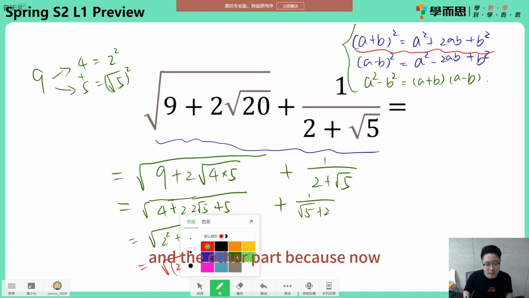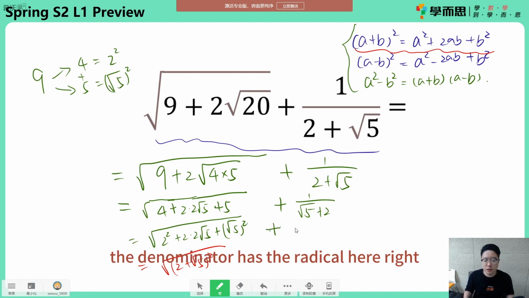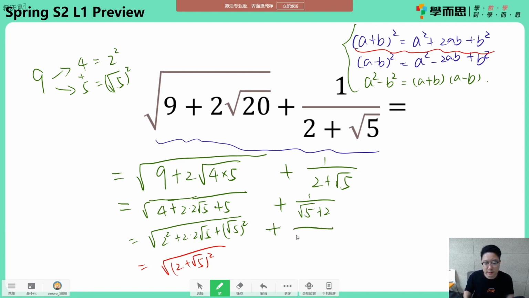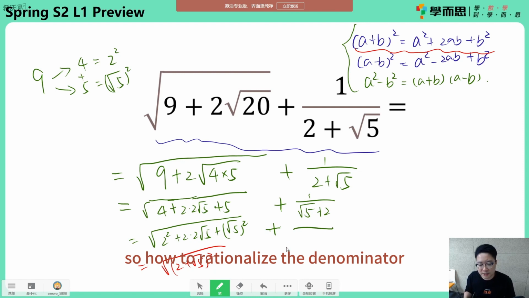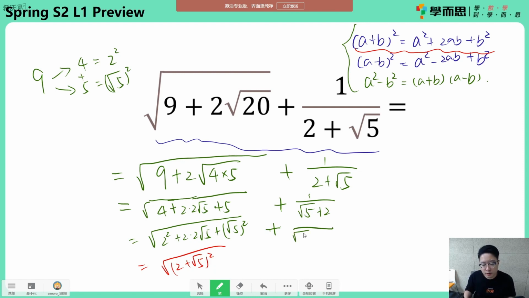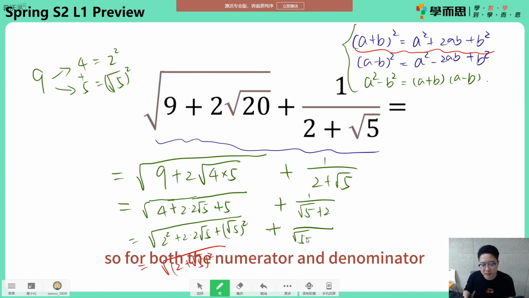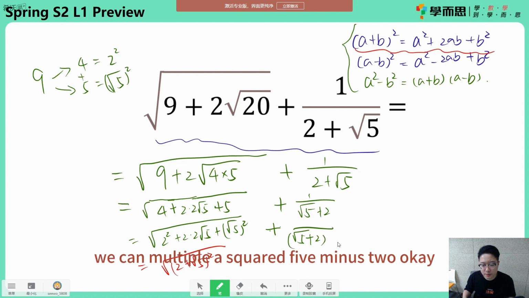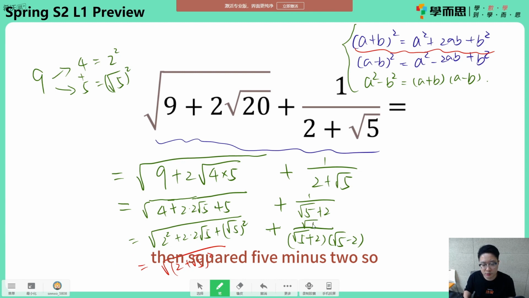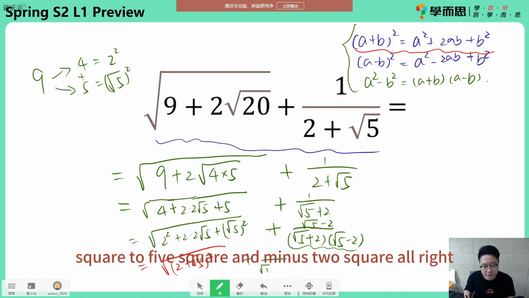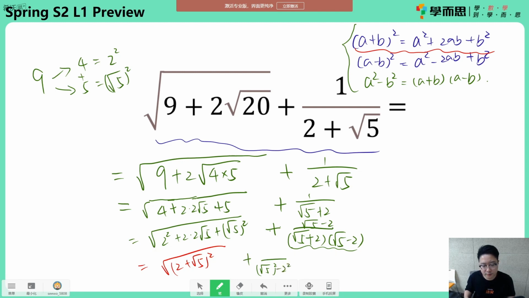And the other part, because now the denominator has the radical here, right? So how to rationalize the denominator? For both the numerator and the denominator, we can multiply by square root 5 minus 2, okay? Then square root 5 minus 2. So it actually equals the original one, but the denominator will become square root 5 squared minus 2 squared, all right?